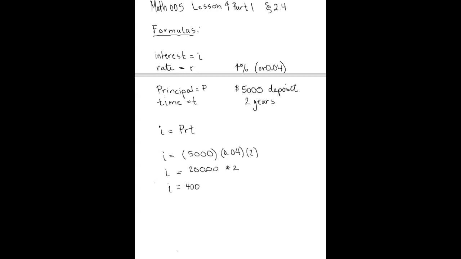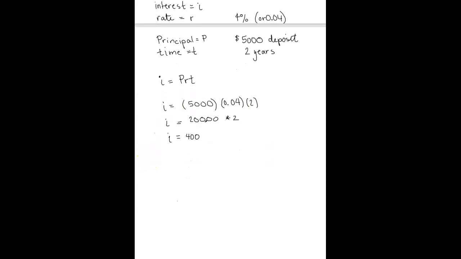It's really a matter of matching up what piece of information they're giving us with which piece of the formula we have. All right, so if I have a perimeter, and I know the length, and I want to figure out what the width is, how would I go about doing that?